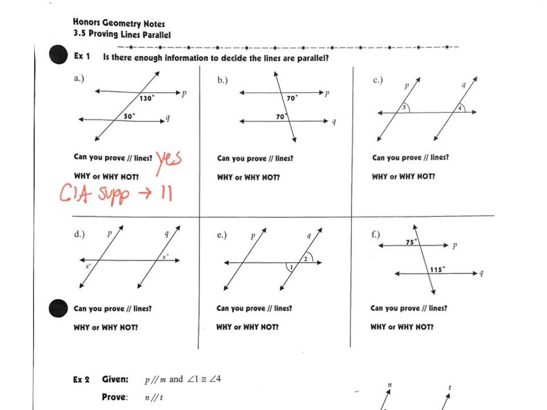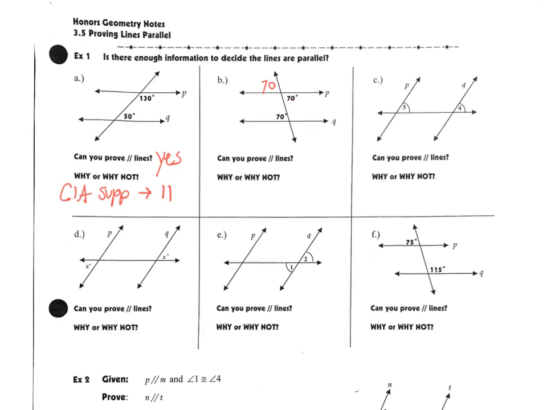If we look at the next one here, we could see what we are given. If we were to expand upon this, we would know that this angle here would also have to be 70, because if this angle is 70, this angle has to be 70 by vertical angles.